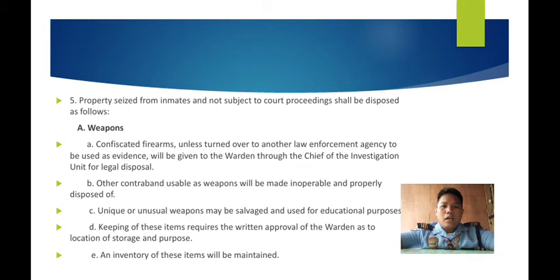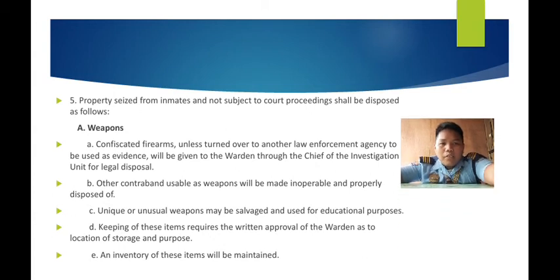B. Other contraband usable as weapons will be made inoperable and properly disposed of. C. Unique weapons may be salvaged and used for educational purposes. D. Keeping of these items requires the written approval of the warden as to location of storage and purpose. E. An inventory of these items will be maintained.